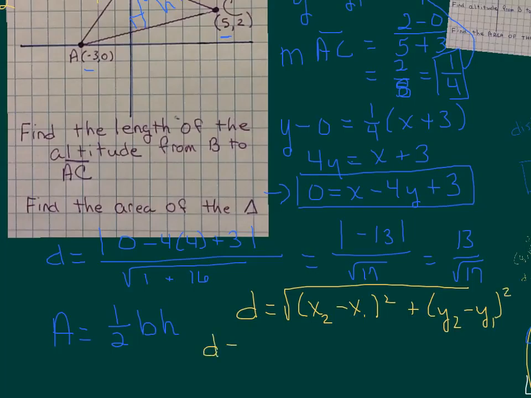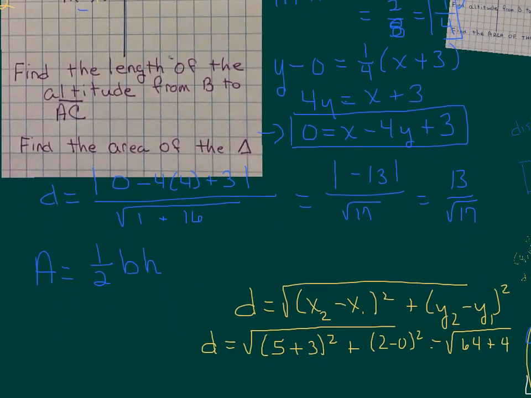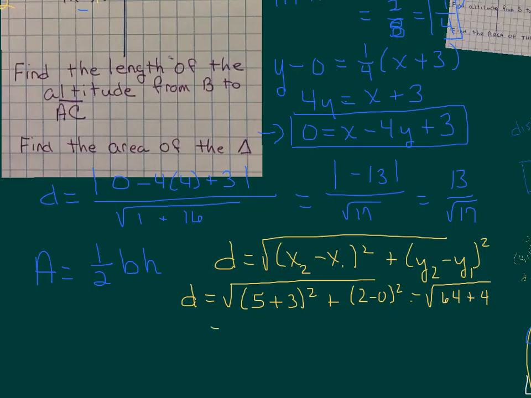So the distance here is the square root of 5 minus a negative 3 squared plus 2 minus 0 squared, which is equal to the square root of 8 squared plus 2 squared, or the square root of 68. And 4 goes into 68 17 times, so we get 2 square roots of 17. That is the length of segment AC.